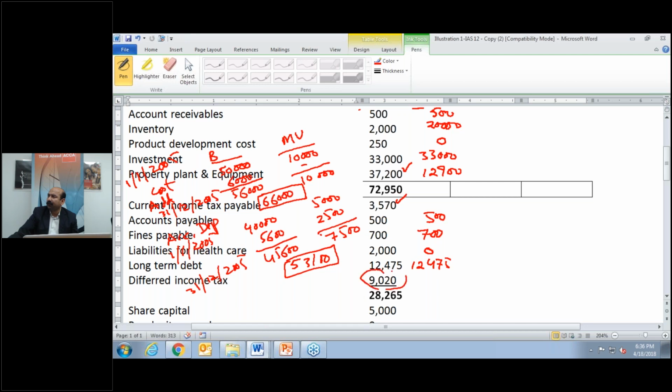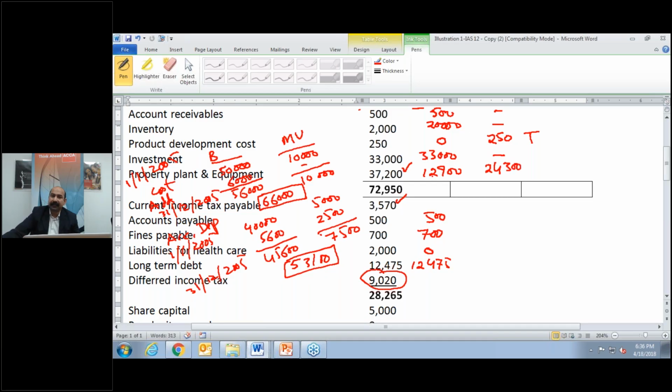So this is the amount which we want to calculate in fact. So, no temporary difference, no temporary difference, and 250. We know that this is a taxable temporary difference because the carrying value of the asset is higher than its tax base. No difference. Again, there is a difference: 37,200 minus 12,900 gives us 24,300.